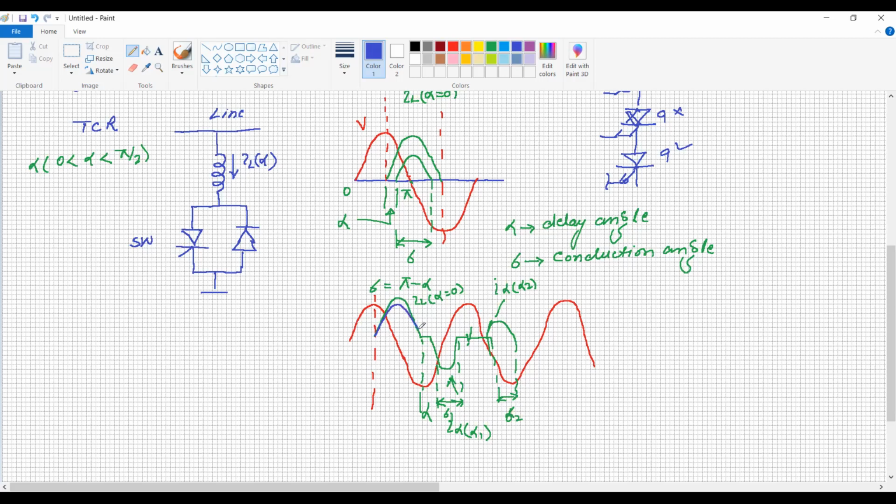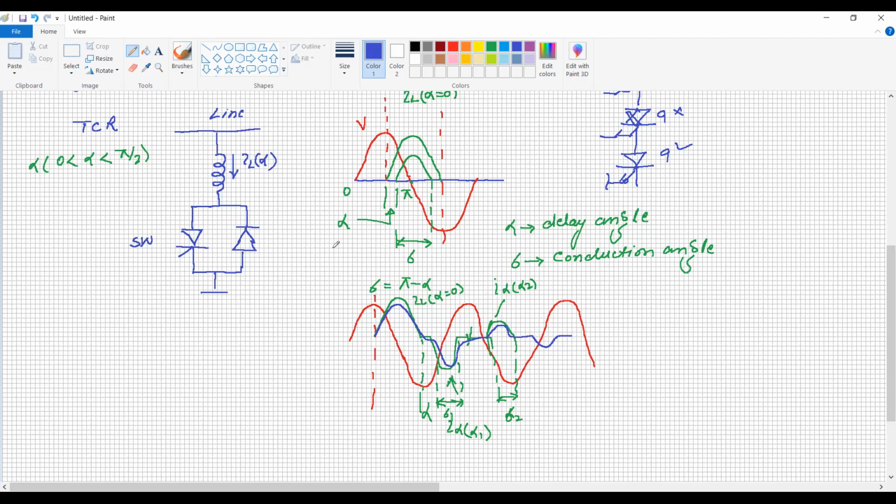We are going to decrease the current in steps, and hence it is possible to control the reactive power absorbed by the thyristor controlled reactor, isn't it?